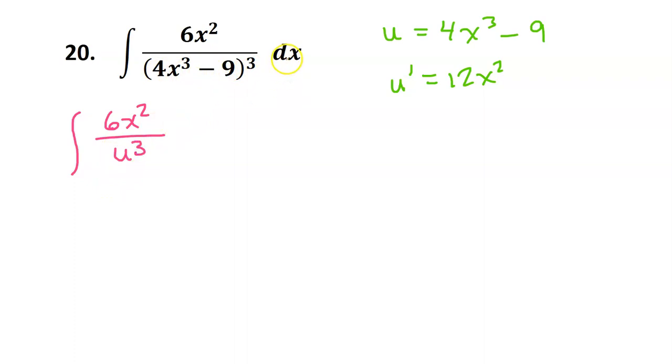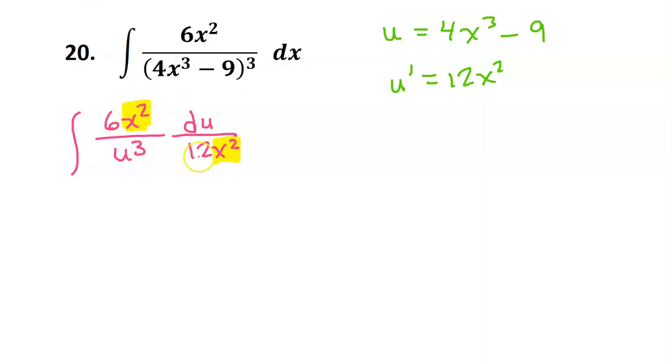Instead of dx, we will write du over u prime. So here comes du over u prime, which is 12x squared. What cancels? Luckily, this x squared cancels out with this x squared.